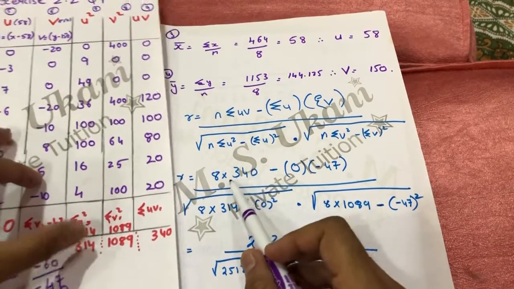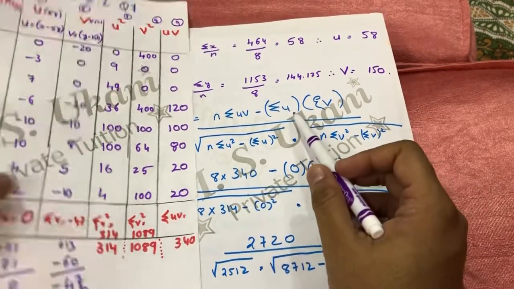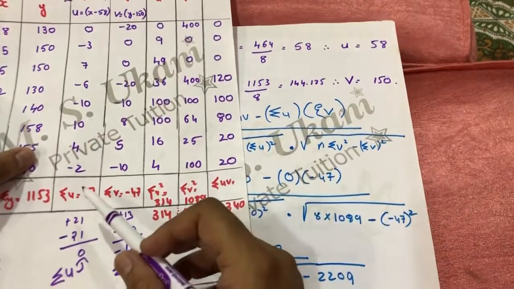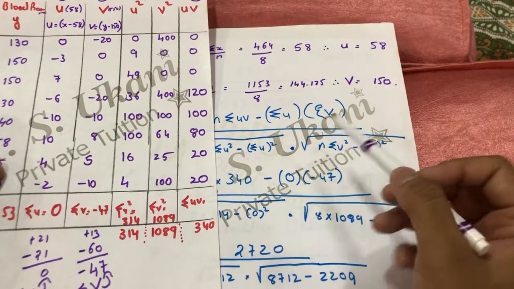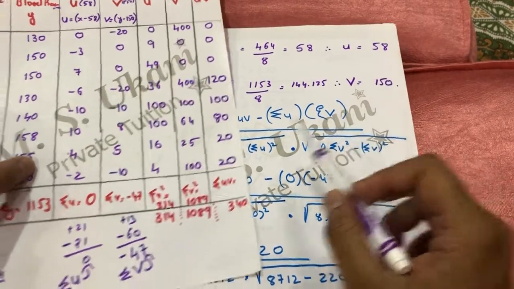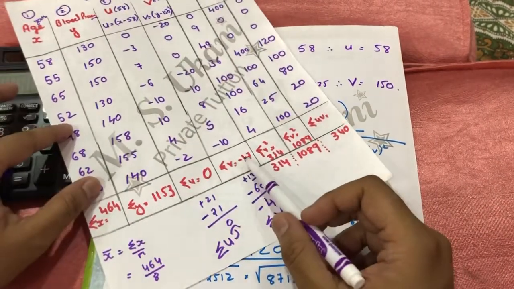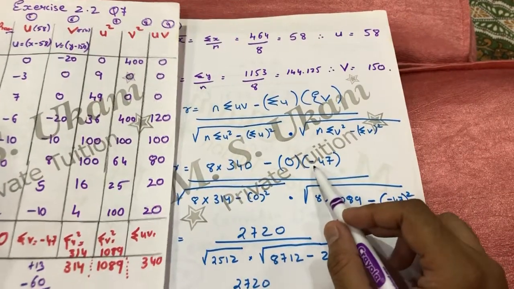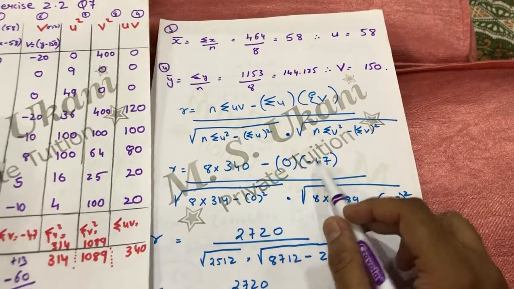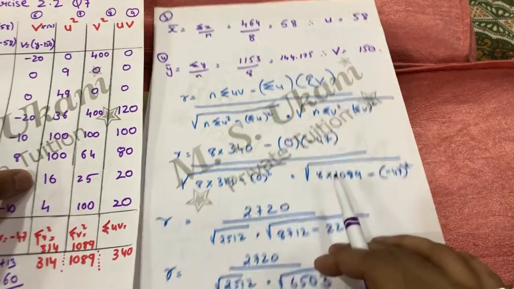So here I had multiplied by 340 minus summation u. See, the summation u answer is 0. So here I had put 0. Summation v is, here the summation v is minus 47. So here in the formula I had put minus 47. Multiply is there between u and v.